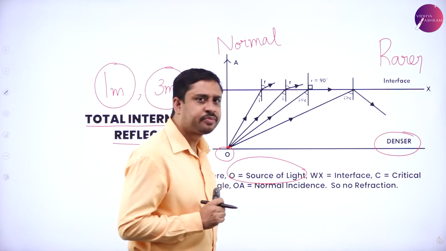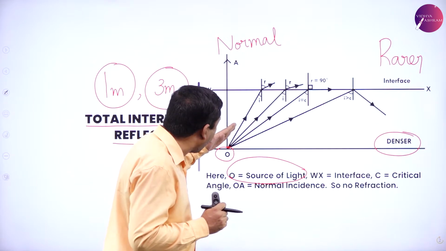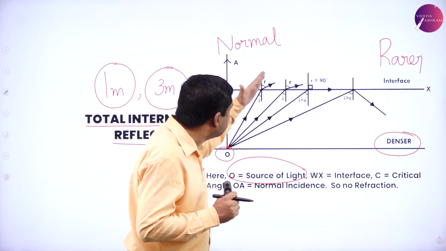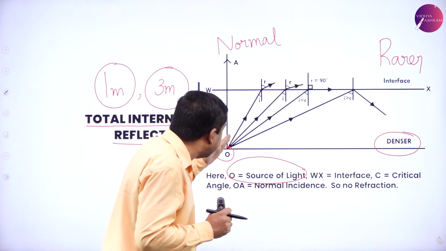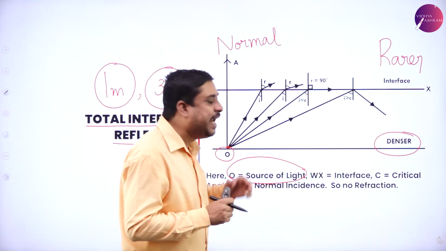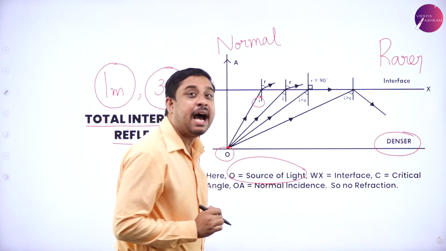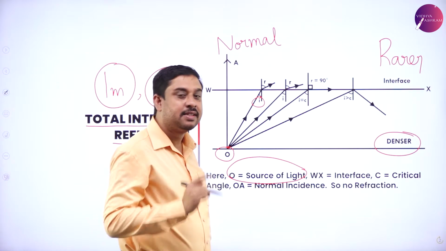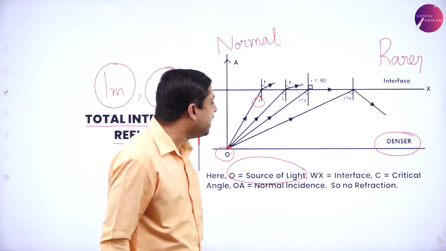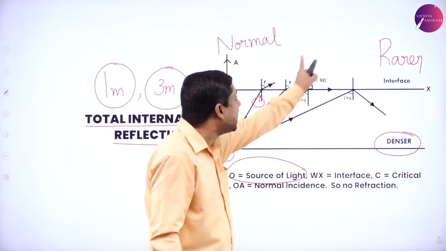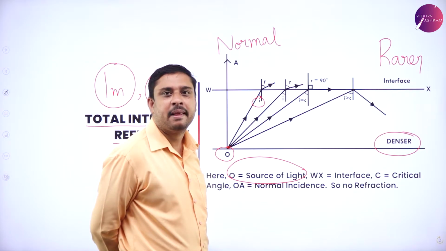Now watch here. A second ray of light is now incident on the interface with an angle I. See, the ray of light is traveling from denser to rarer medium. Very important.